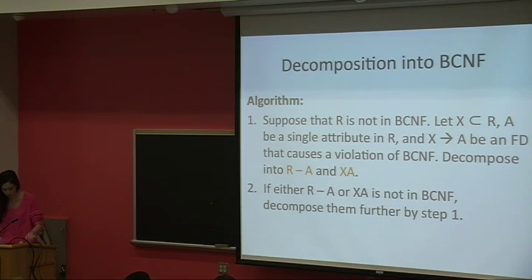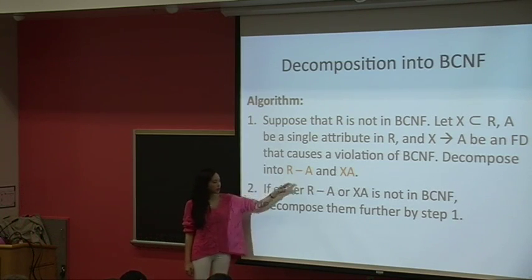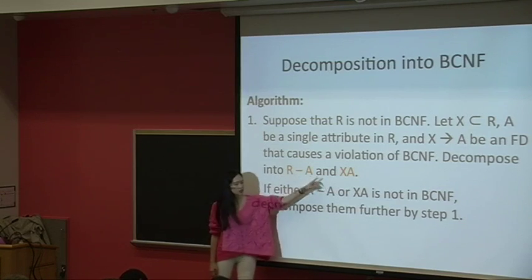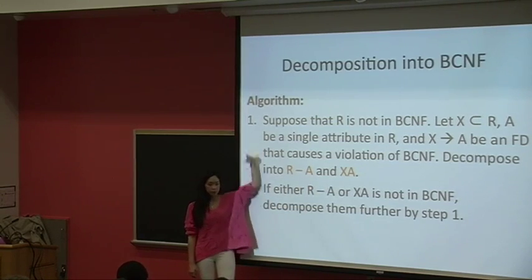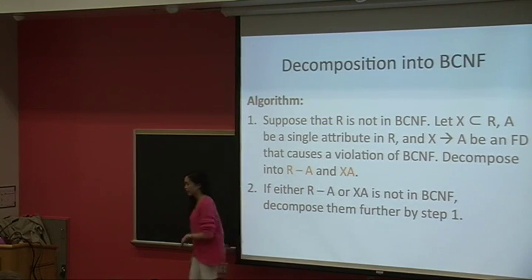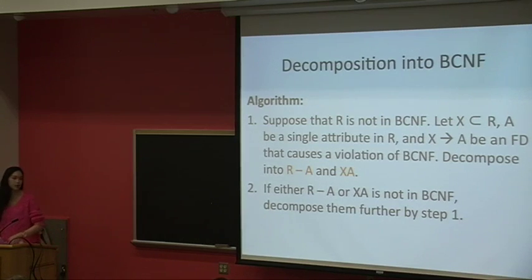And I'll show you how it works later. So if you do these steps, and if either of these is still not in Boyce-Codd normal form, all you can do is to further decompose them, repeating the same step, and keep going. Okay, until all of the decomposed relations we found are in Boyce-Codd normal form. Then we're satisfied. Okay, then the algorithm stops.